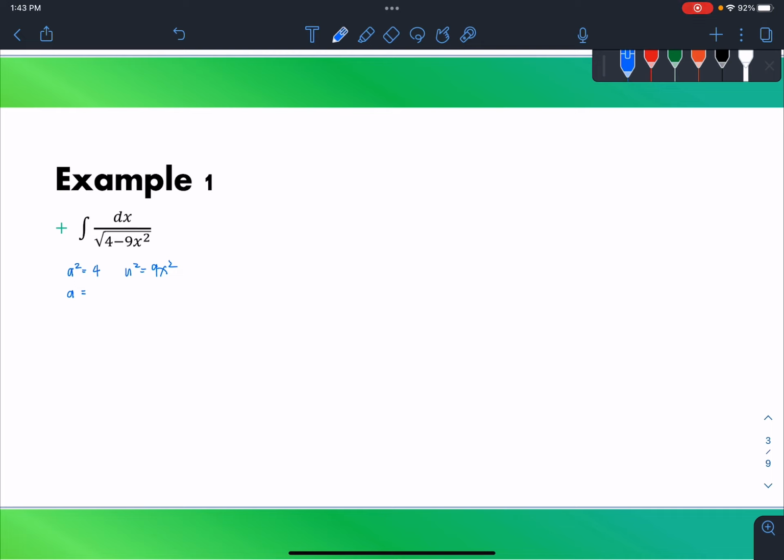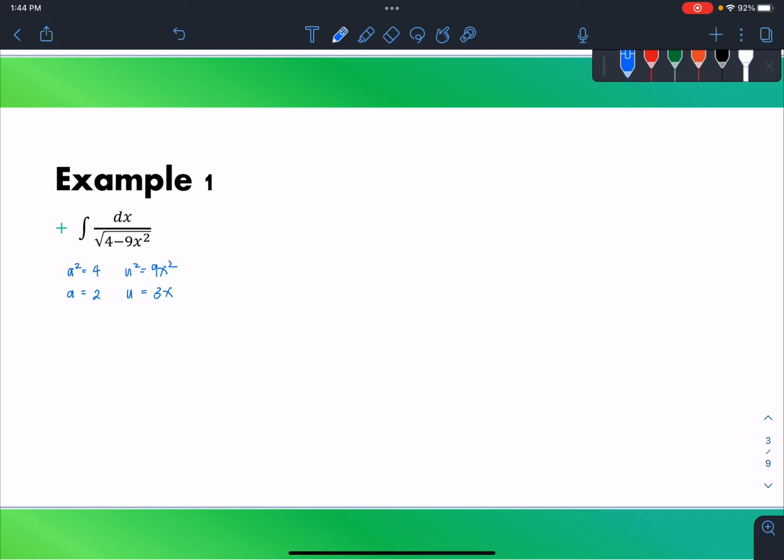If a squared is 4, a is the square root of 4, which is 2. Squaring both sides, 2 squared becomes 4. Similarly, if u squared is 9x squared, then u is the square root of 9x squared, which is 3x.